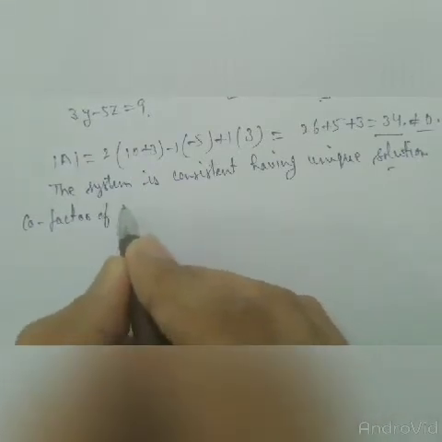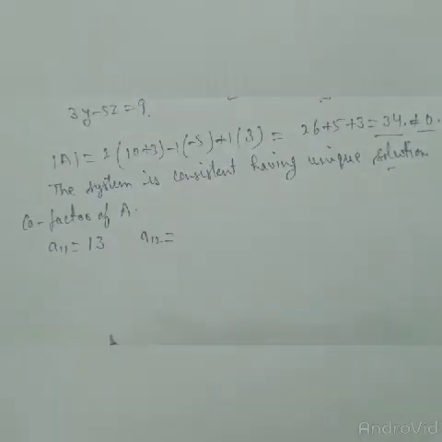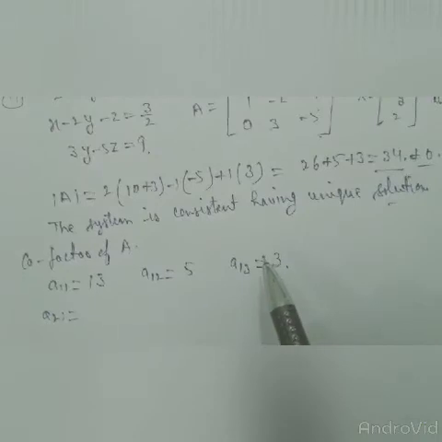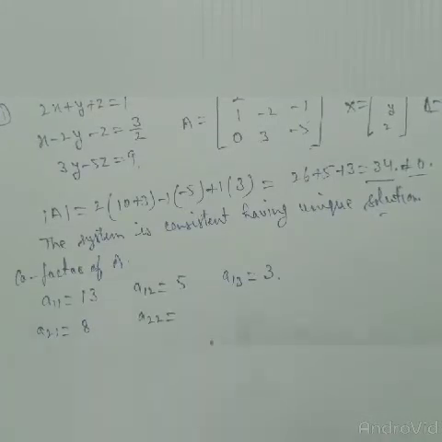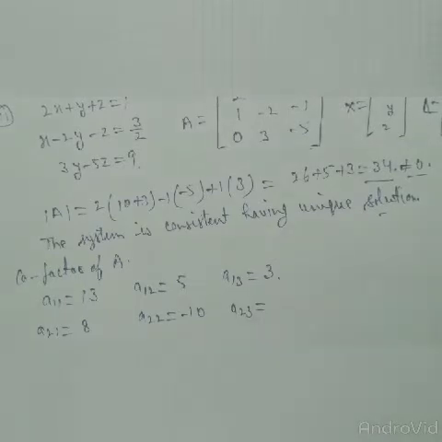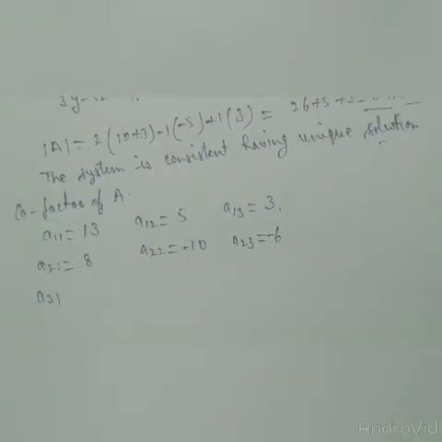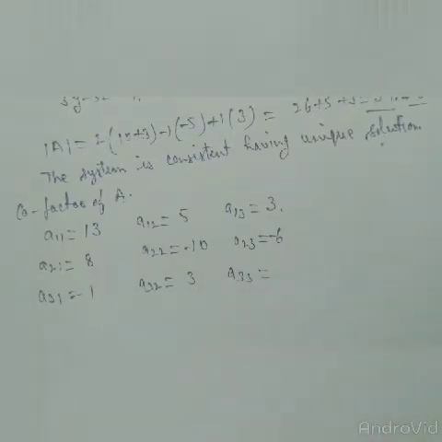Okay, next we have to find the cofactor of A. The cofactor A11 is 13, A12 is 5, A13 is 3, A21 is minus 5 minus 3, minus 8, means plus 8, A22 is minus 10, A23 is 6 minus 6, A31 is minus 1 plus 2, that is 1, A32 is minus 2 minus 1, minus 3, means plus 3, and A33 is minus 4 minus 1, minus 5.